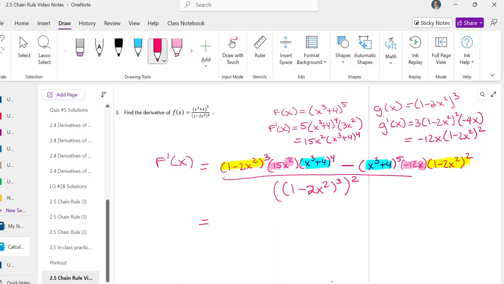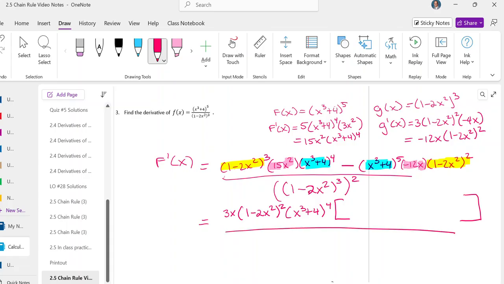So here they have in common a 3x, and then (1 minus 2x squared) to the power of 2. And they also share (x to the third plus 4) to the power of 4. So that's what we're going to factor out. When we raise the power to the power here, that gives us (1 minus 2x squared) to the sixth.